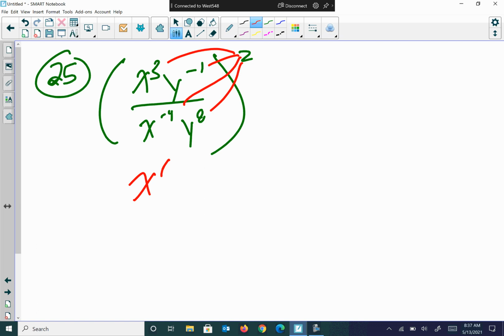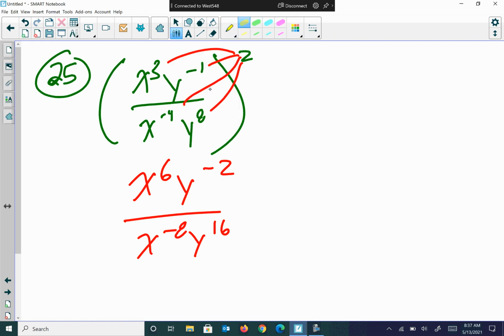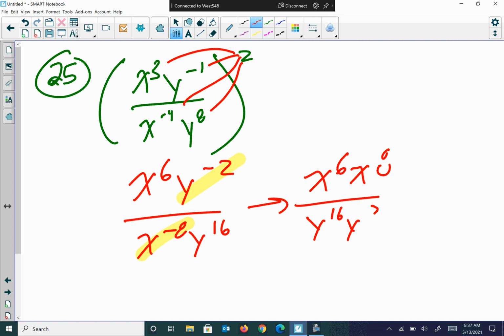So I get x to the 6th, y to the negative 2, x to the negative 8, y to the 16. Those negative exponents need to switch spots. Do not reduce at this point, just switch spots. X to the 6, x to the 8, y to the 16, y to the second. So I get x to the 14th because we're just counting them up. Y to the 18th, again, because we're just counting them up.